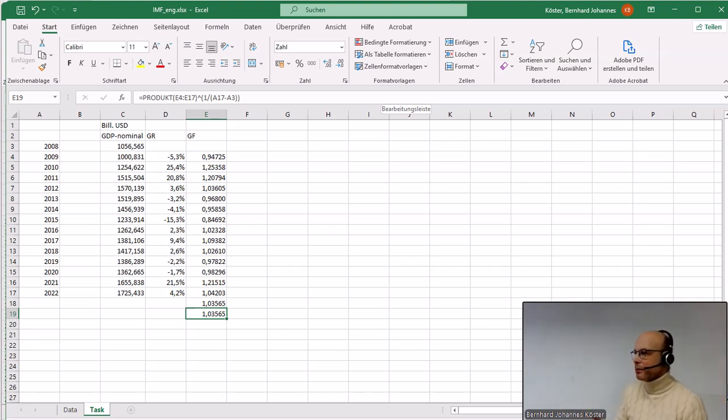Okay, or what can you also do? Well, the thought experiment behind averaging a growth rate is: which constant growth rate do I need, starting from 1056, taking this number every year, to end up at 1725?